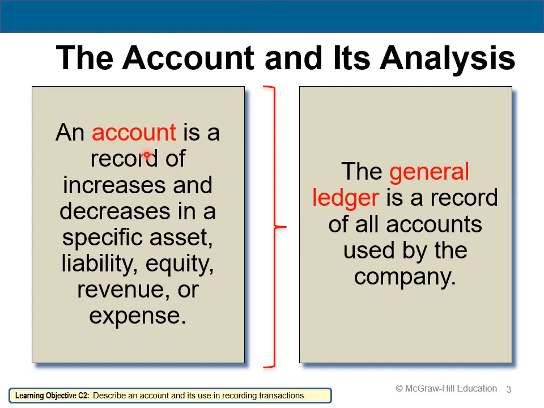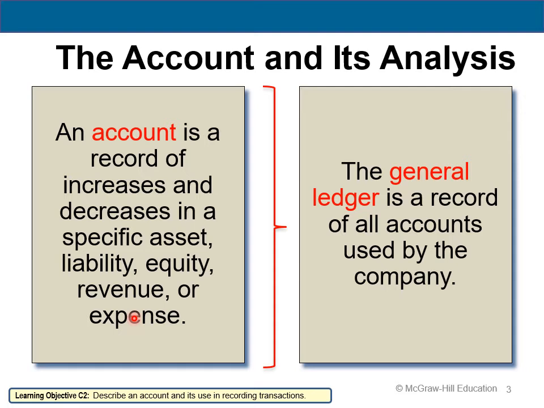So this is an accounting course. Newsflash. The idea is that an account is a record of increases and decreases in a specific asset, liability, equity, revenue, or expense. That's what an account is.